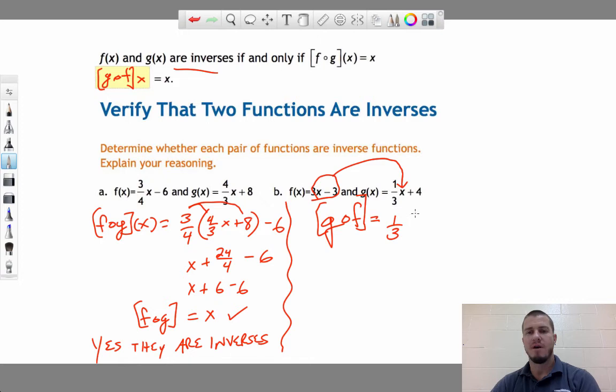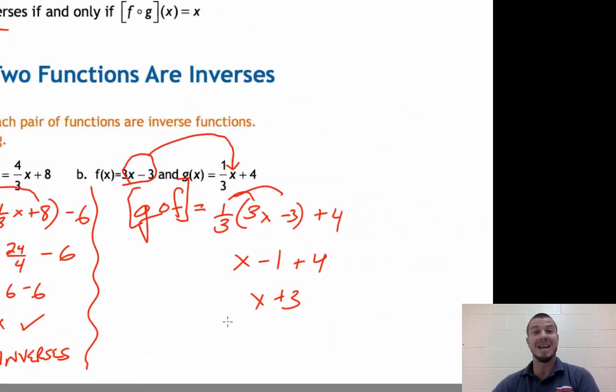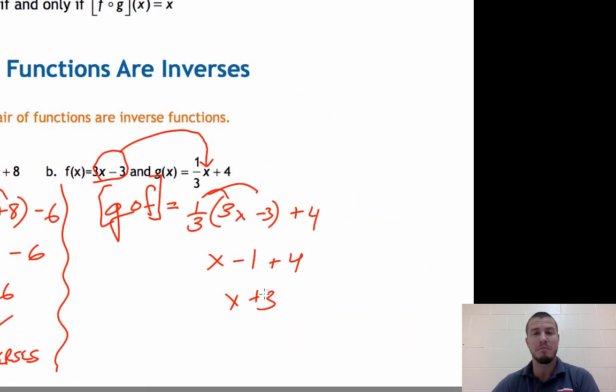So I have 1/3 times 3x minus 3 plus 4. Well, when I distribute this, 1/3 times 3 is 1. That's 1x. 1/3 times negative 3 is negative 1 plus 4, and that becomes x plus 3. Well, because it isn't x, and there is this plus 3 on the end, it means that they are not inverses.